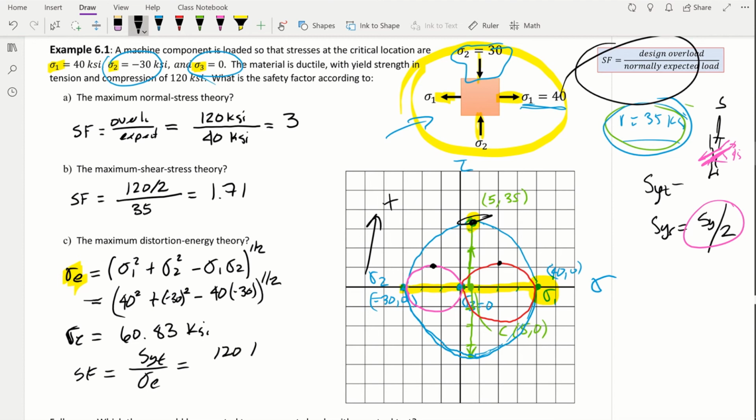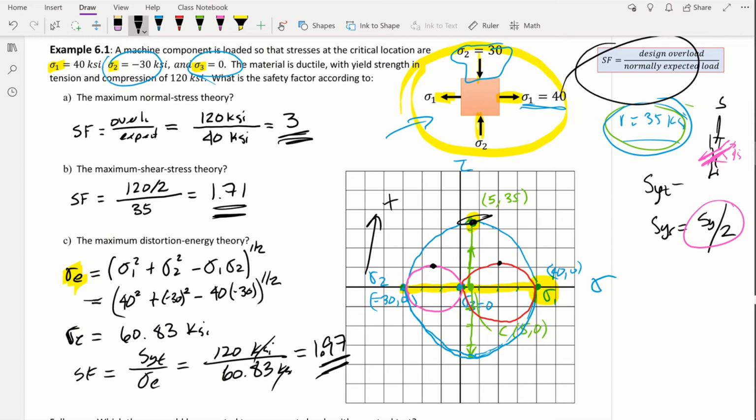So this is 120 KSI divided by 60.83. Also KSI, units cancel. And when we plug that into a calculator, we get 1.97. Right? So we have safety factor for max normal at 3, safety factor for maximum shear stress theory at 1.71, and safety factor for maximum distortion energy theory of 1.97.